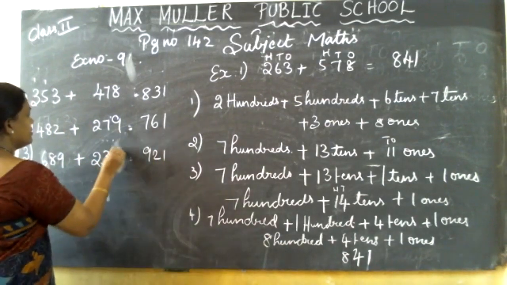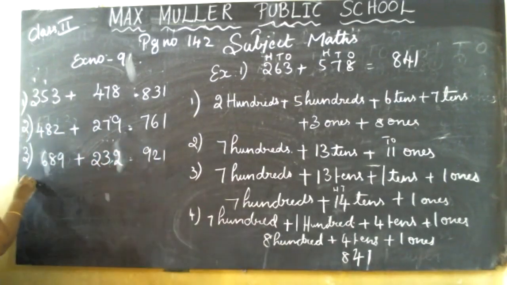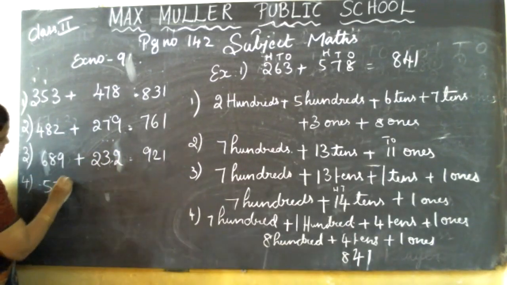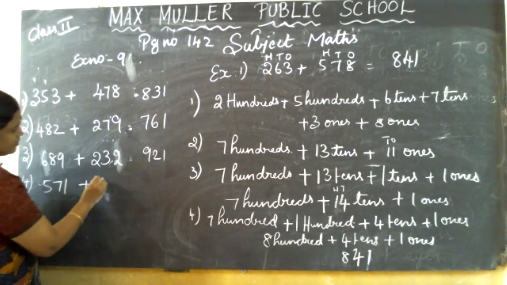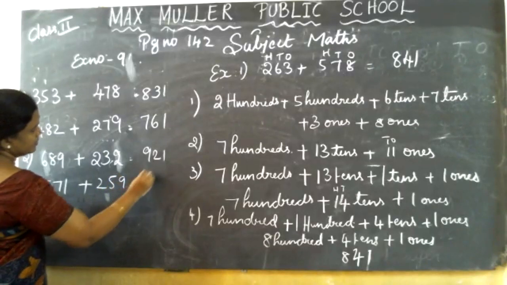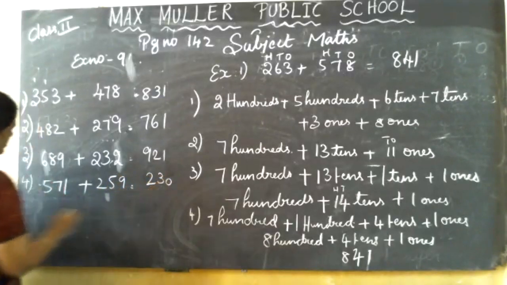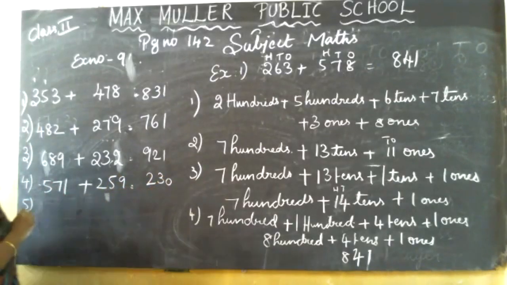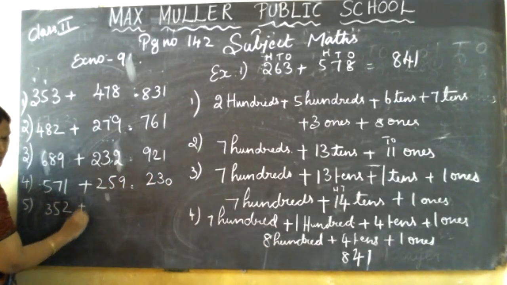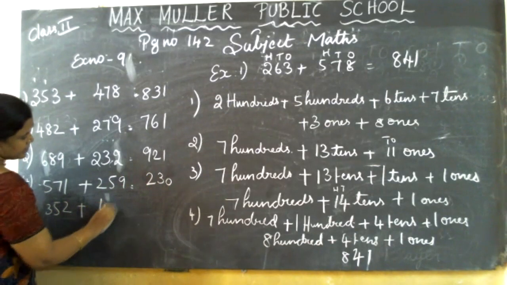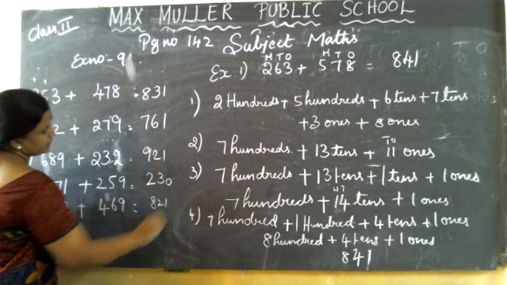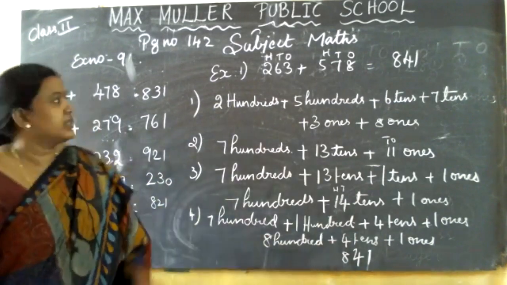This is 2. Fourth one, 571. Fifth one, 352 plus 469. So 821. Shall I repeat this sum once again, children?